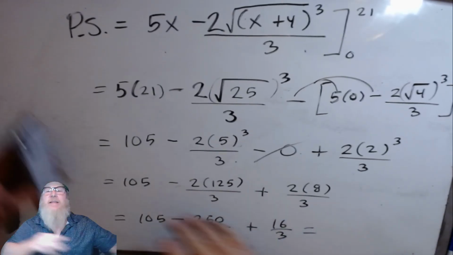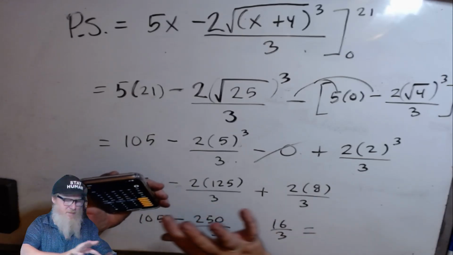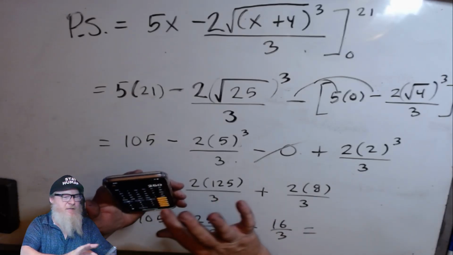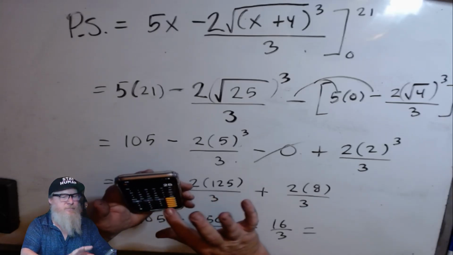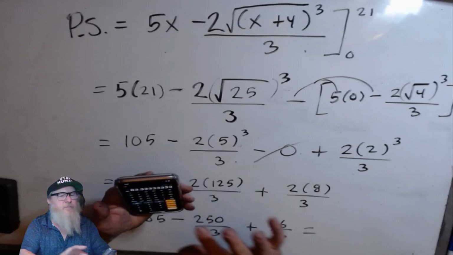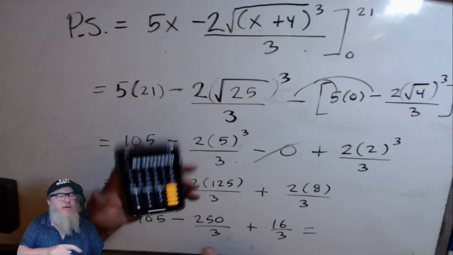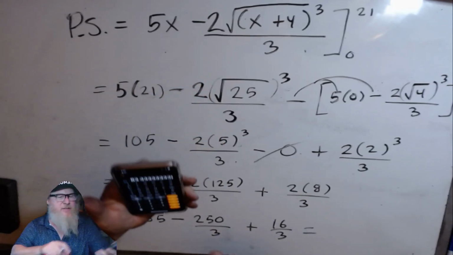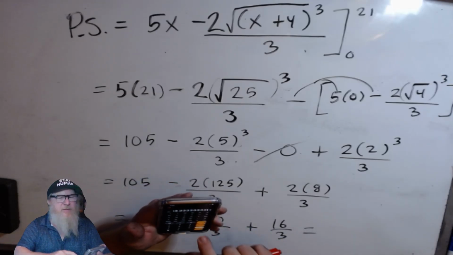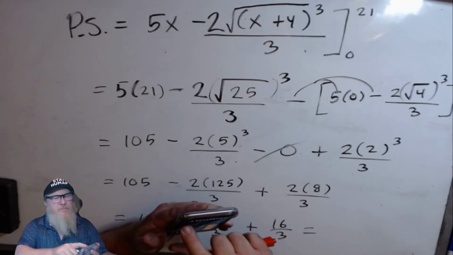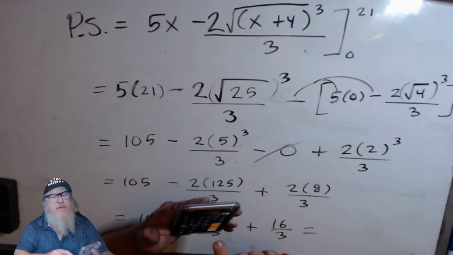Put all that in the calculator. 250 divided by 3 is negative $83.33. Plus 16 divided by 3.